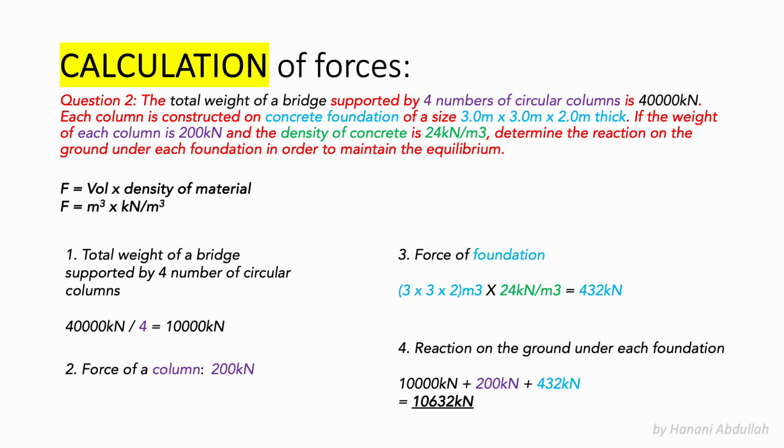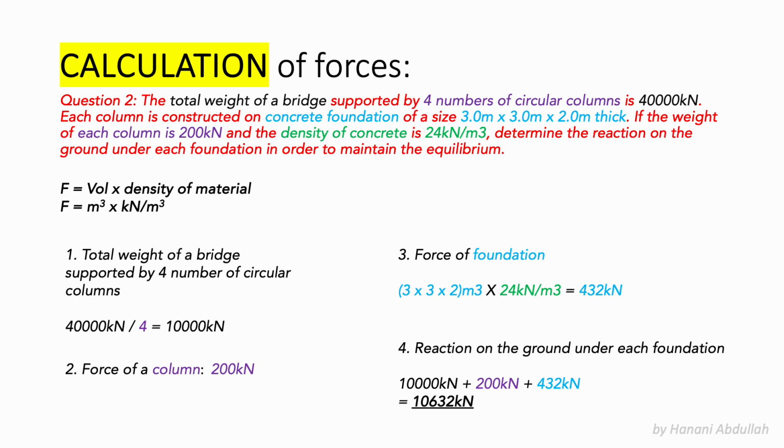And then the third step, force of foundation. So the foundation has a size of 3 meter times 3 meter times 2 meter. That's gonna be the volume. And then multiply with the density of the concrete, 24 kilonewton per meter cube. And then we will get the force of foundation 432 kilonewton.